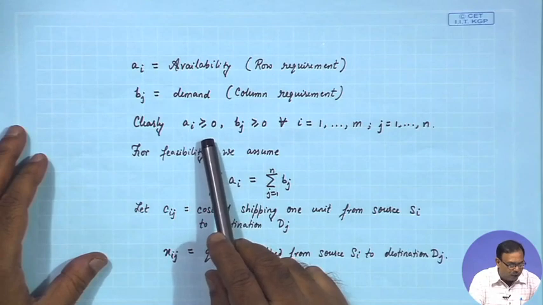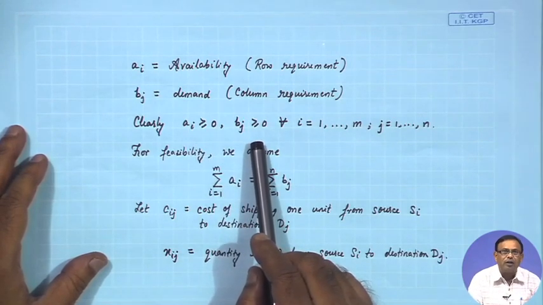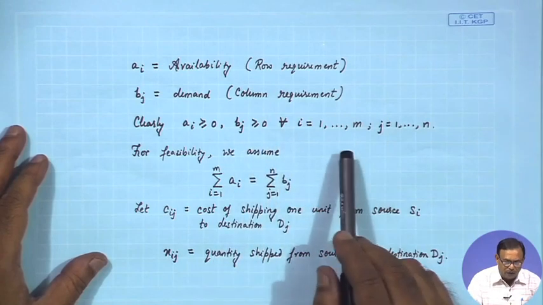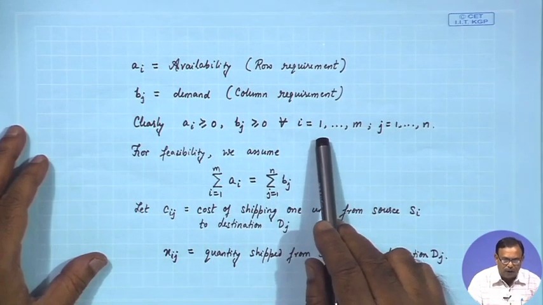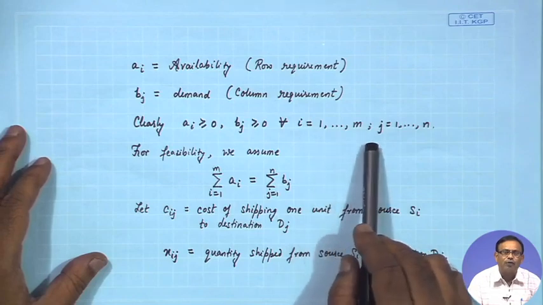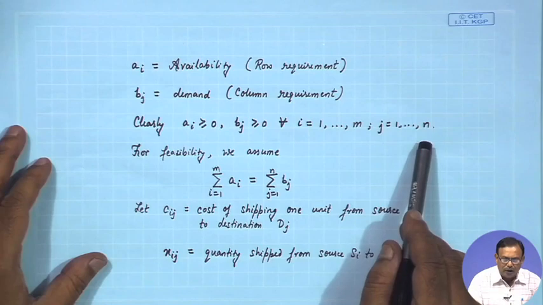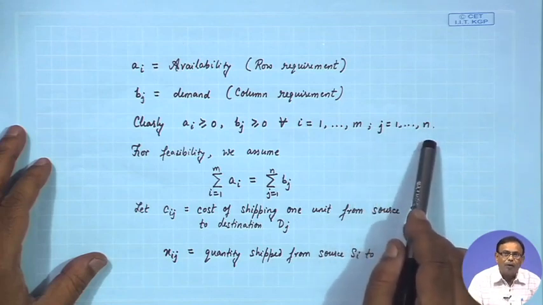Clearly, a_i should be greater than or equal to 0 and b_j should be greater than or equal to 0, where from the original problem there are m sources, so i takes values from 1 to m, and there are n destinations, so j takes values from 1 to n.